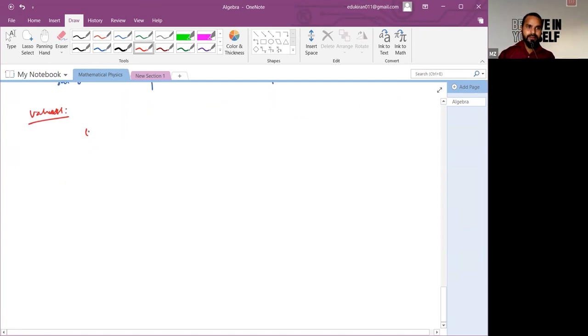First, let's say we have 0 degree, 30 degree, 45 degree, 60 degree, and 90 degree. To define its values, just count the numbers 0, 1, 2, 3, 4, divide by 4, and take the square root of each term.